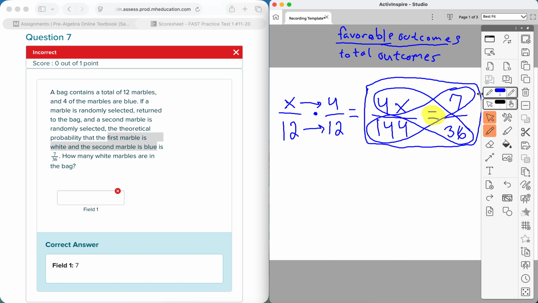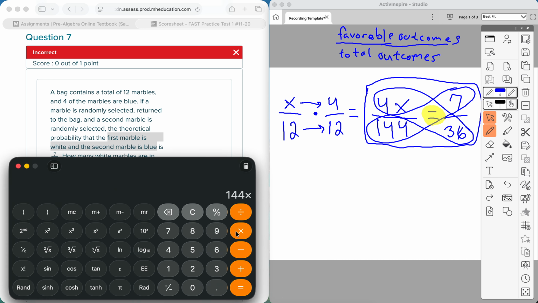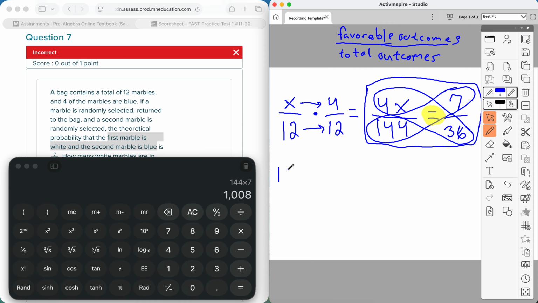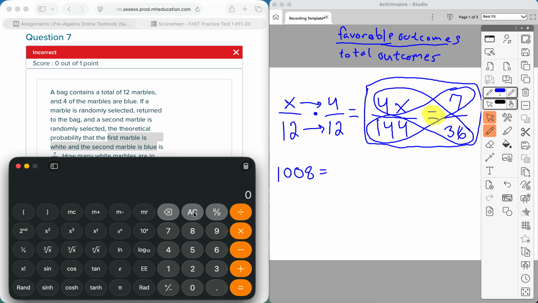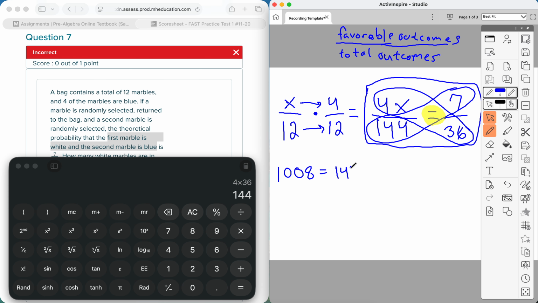So I have to do 144 times 7. That's 1008. And then on the other side I have 4x times 36. So I can multiply 4 times 36, and I'm going to keep an x with it. That is 144x. We want to solve this algebraically.